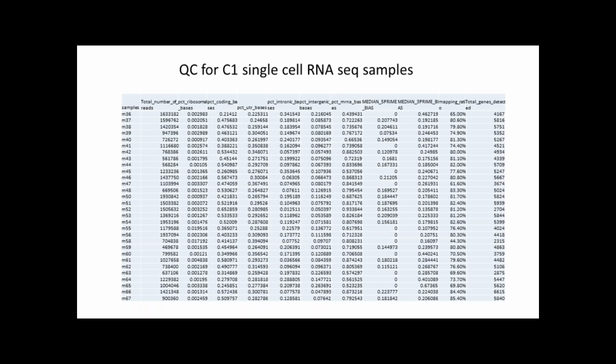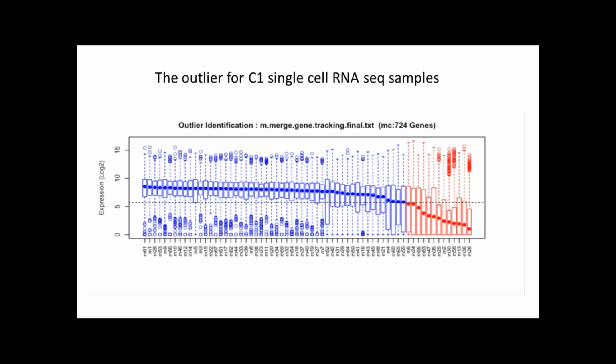This is also the QC report. For the further analysis, first I identify the outliers for single-cell RNA-seq samples. The blue ones indicate the good quality ones, but this red one is a low quality one.